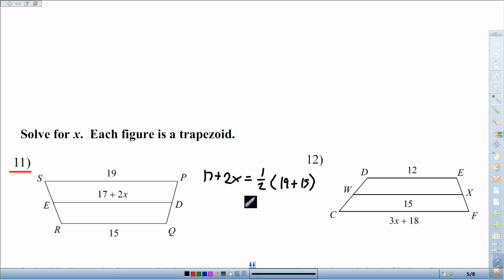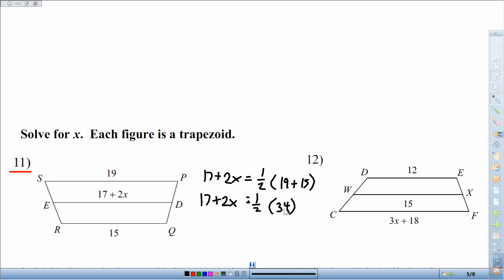I mentioned in the lesson that there are 2 ways of going about doing the problem here. Before I get into that, though, the first thing we should probably do is combine these like terms in the parentheses. So let's not get ahead of ourselves. We've got 17 plus 2x equals 1/2, and then over here, 19 plus 15, which I'm using my calculator just to make sure, is 34.